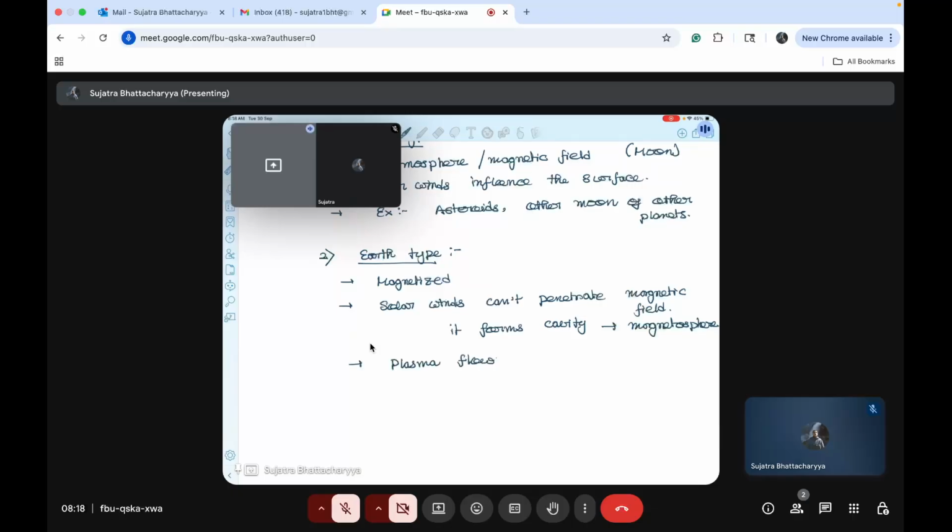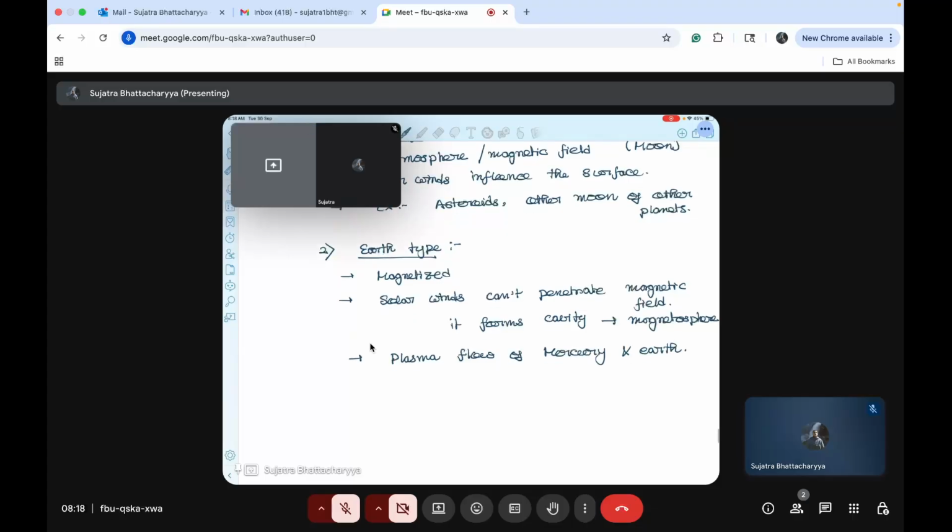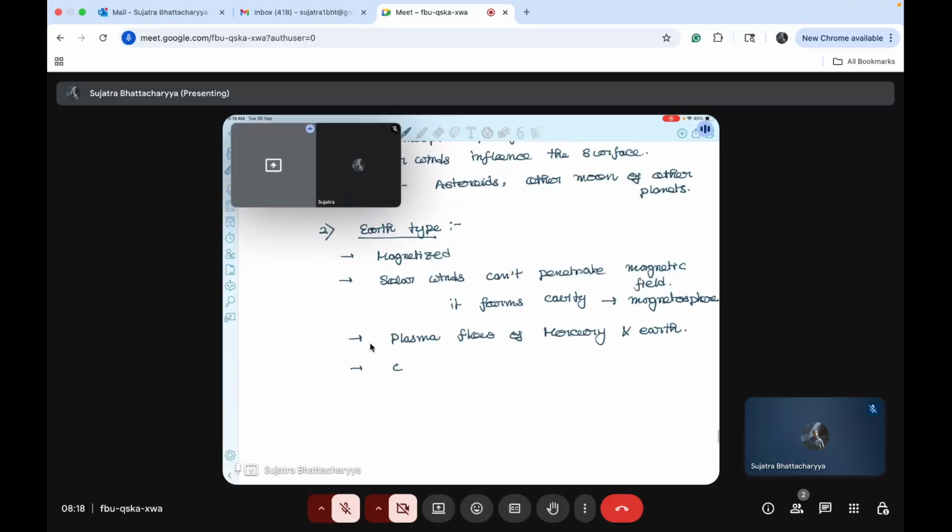Plasma flow of Mercury and Earth and outer planets are dominated by rotation.